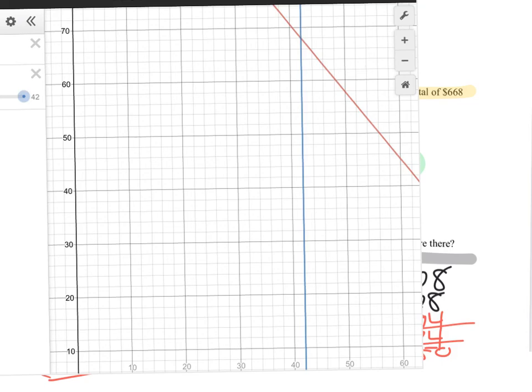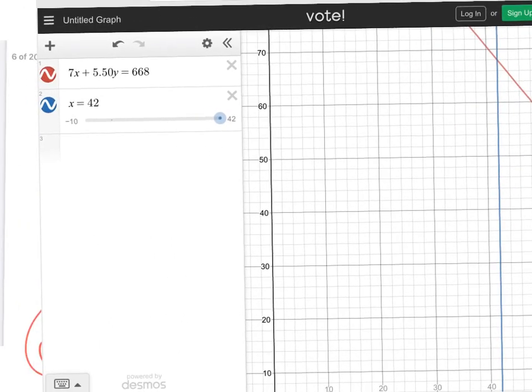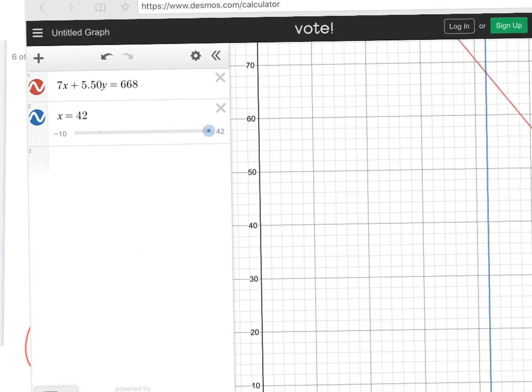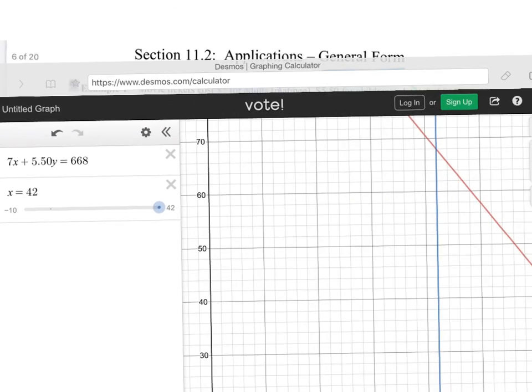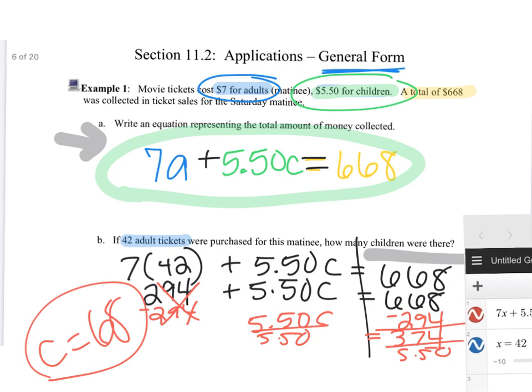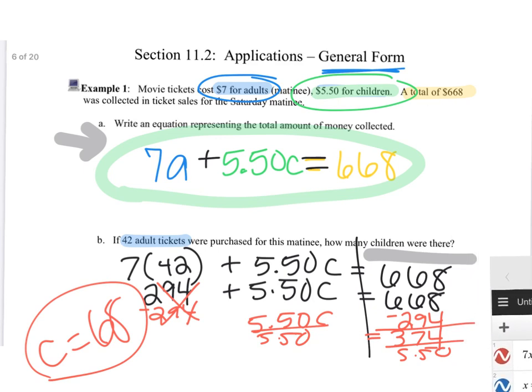So I could look at 56, and there's the line right there. So any point on here would work, and if I needed to evaluate it at any other point, I can change it to whatever I need the x to be. So Desmos can allow you to look at that without having to spend the time solving it. Either way works. If you're good at solving equations and you like it, do it. If you're not real comfortable solving equations, then graph it and find that particular point on the graph itself.